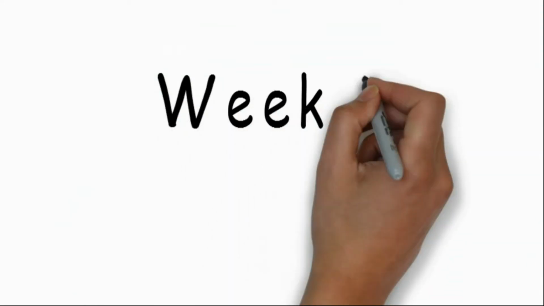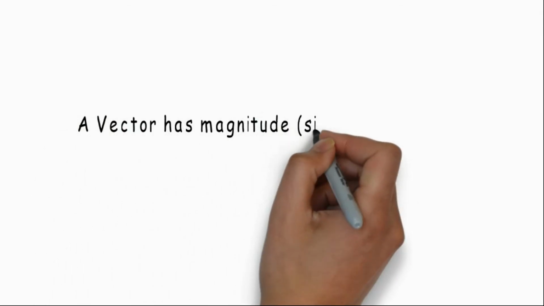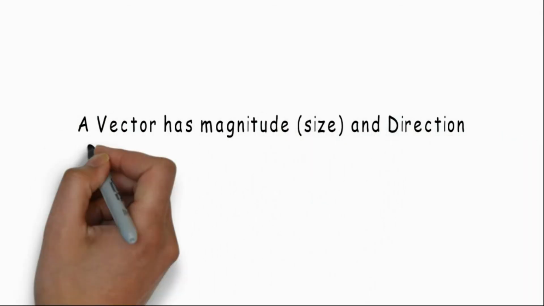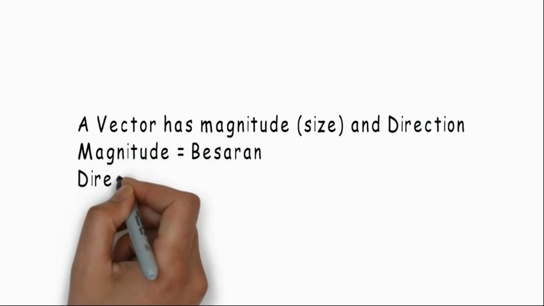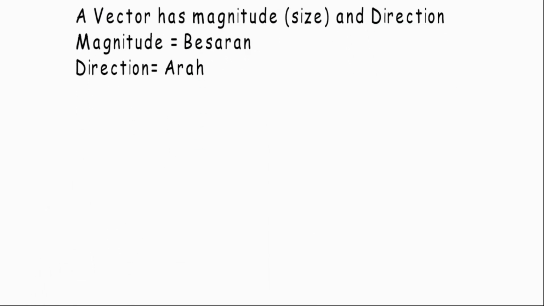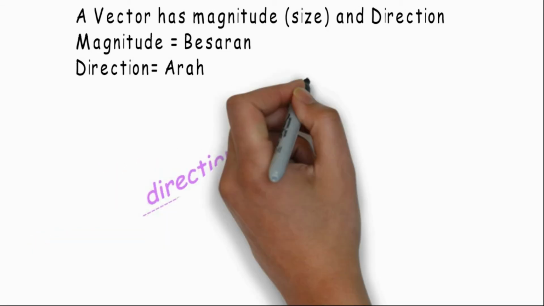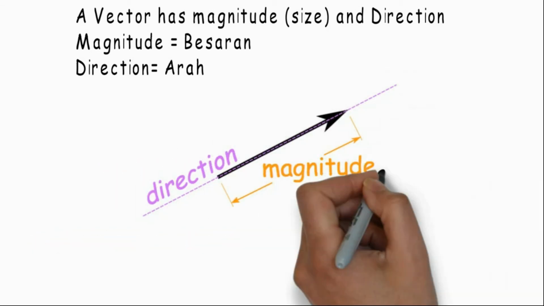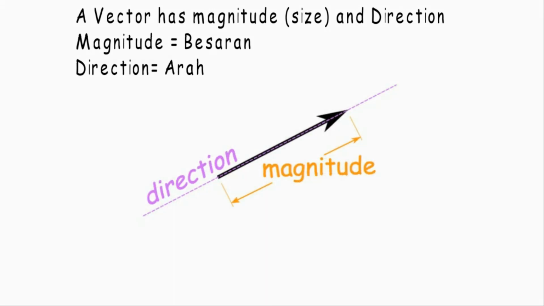In week 9, we talk about vector. A vector has magnitude or size and direction. I think you remember what actually differentiates vector and scalar. Do you? Addition.